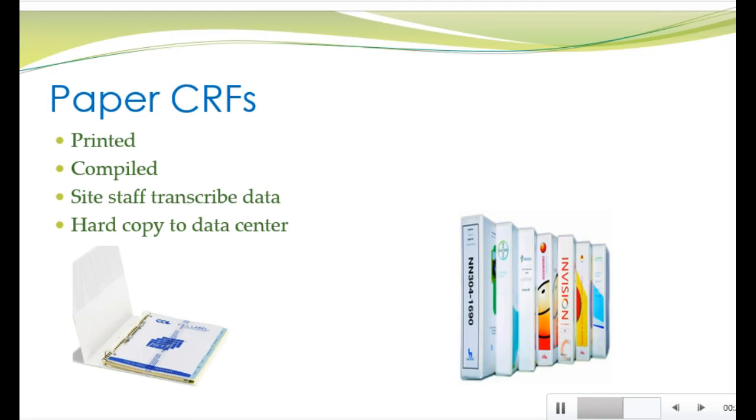The site staff would record the subject data onto source documents such as patient charts. Then they would transcribe that data onto the paper case report form. The completed CRF would be shipped to a central data management group, and the data management group would then document the receipt of each CRF page and enter the data into the project database.